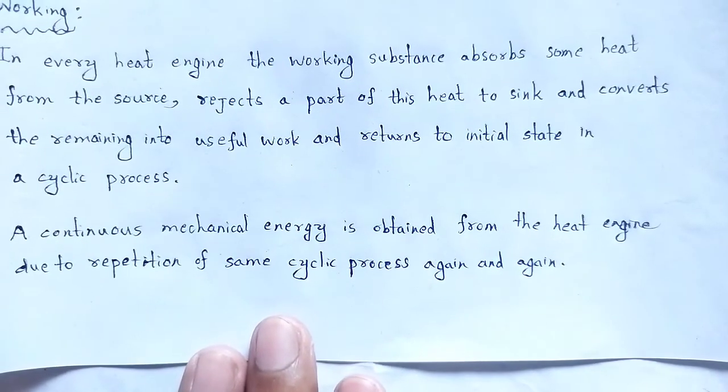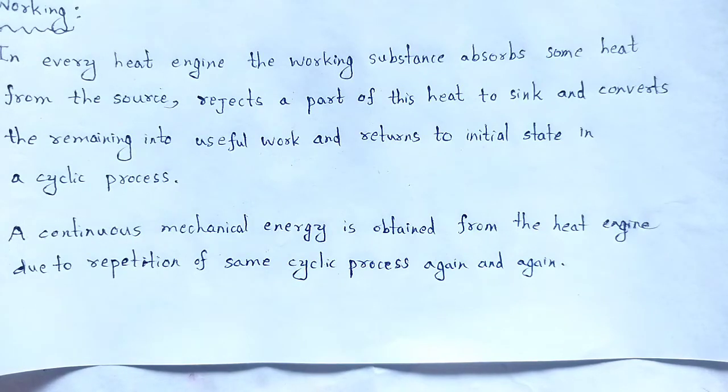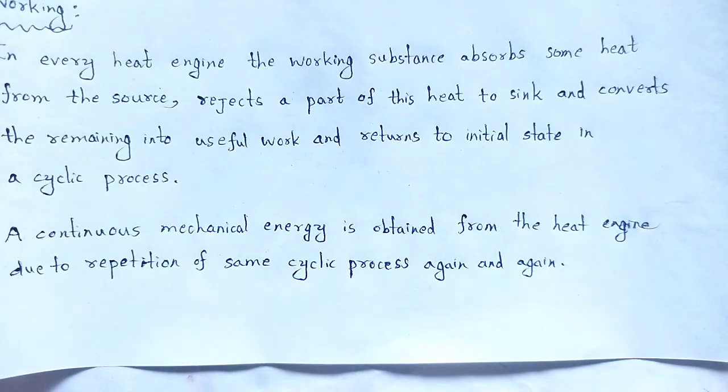A continuous mechanical energy is obtained from the heat engine due to the repetition of the same cyclic process again and again. First one cyclic process occurs and some amount of work is done, then another cyclic process, another work is done.